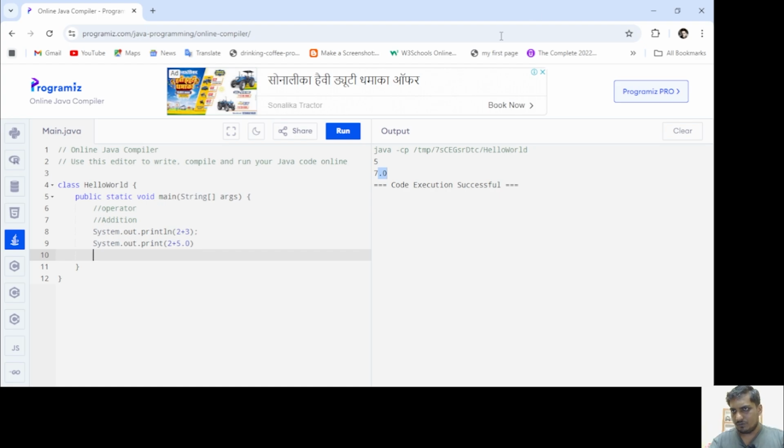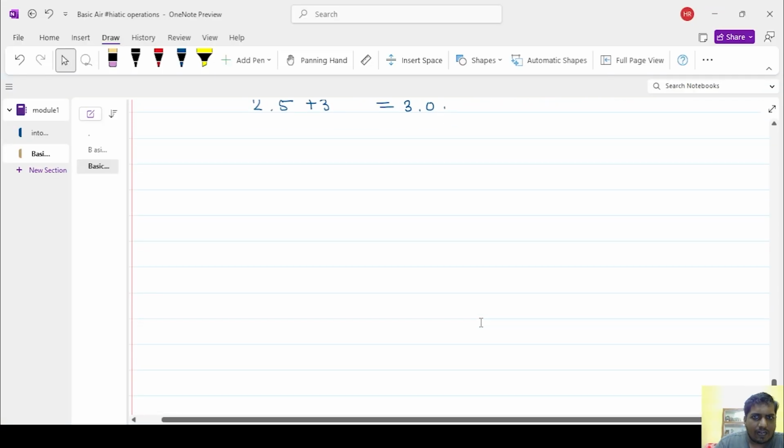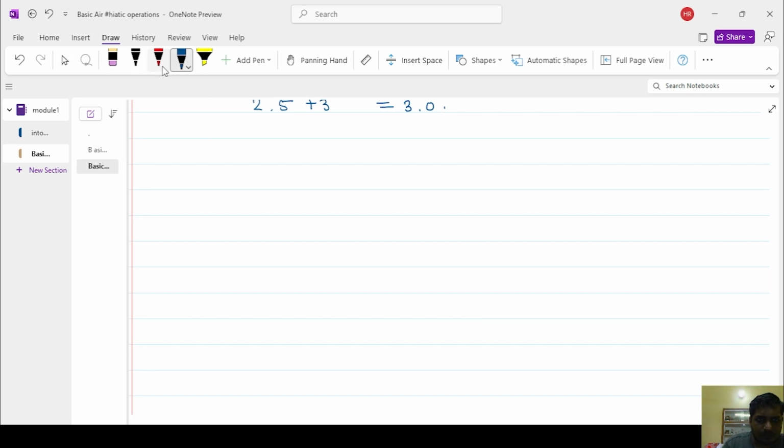Now we will come to the notes on multiplication. We learned some rules for multiplication.